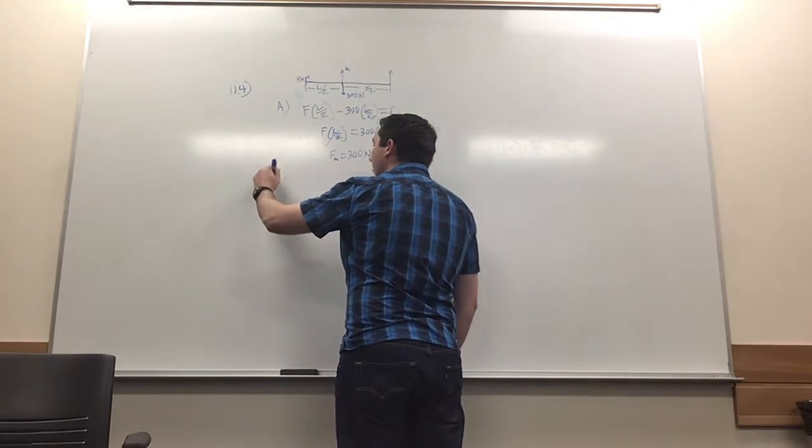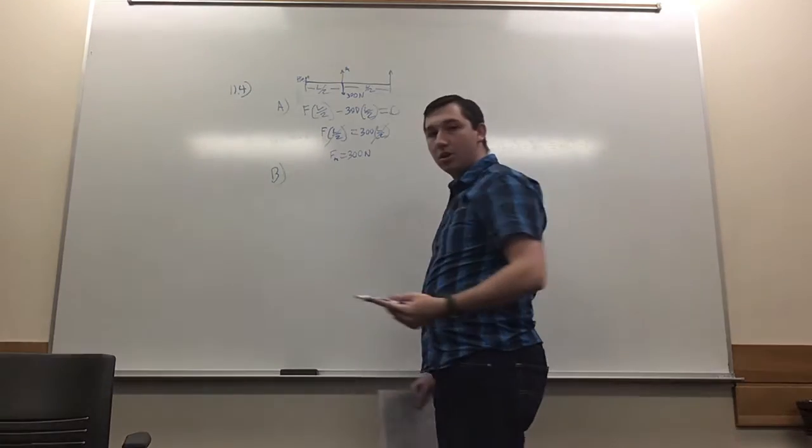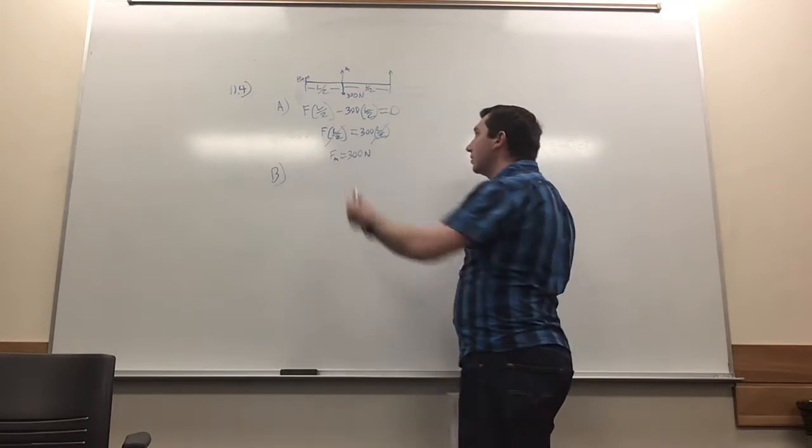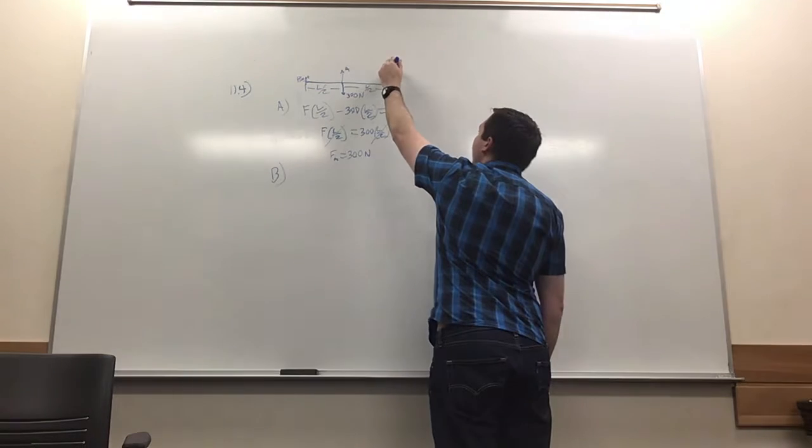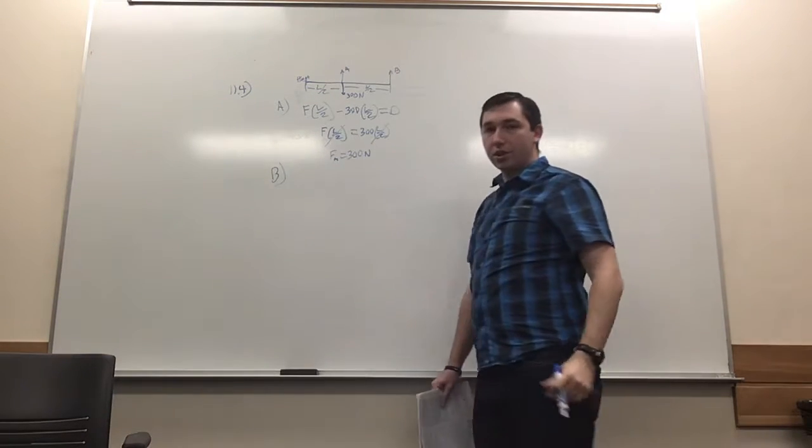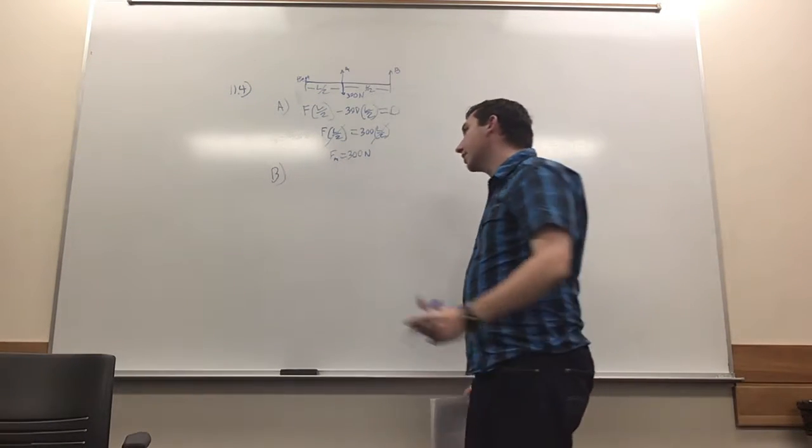So then for part B, the question wants to know what kind of force we would need if we applied the force to this edge, the far edge of the trapdoor in the center.